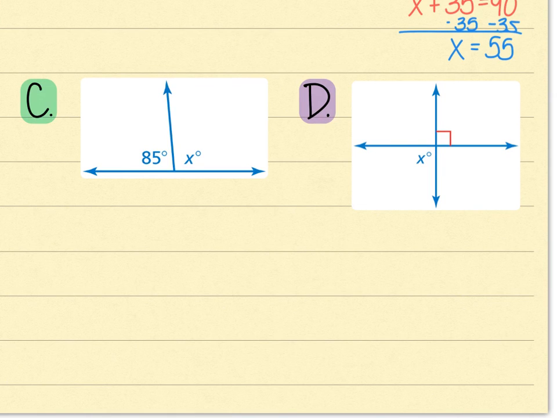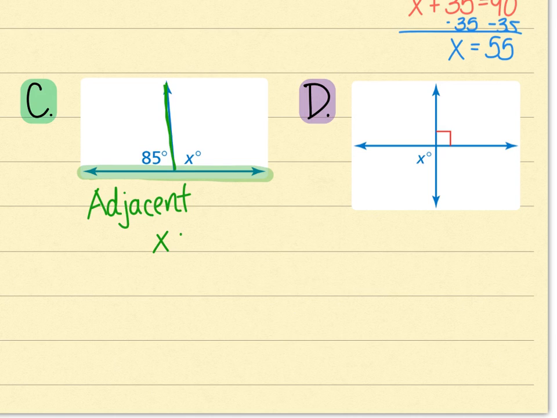In example C, we see that these are also going to be adjacent angles because they share this common vertex right there. So I know they're adjacent. And this time, together, they won't add up to 90, but together they form a straight angle. And since we know a straight angle measures 180 degrees, then these two angles together will add up to 180.